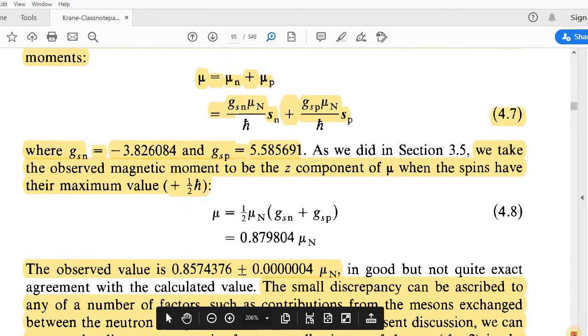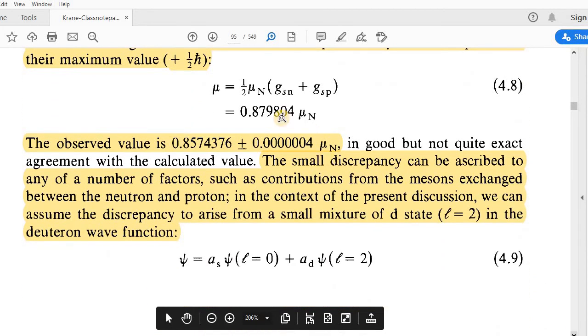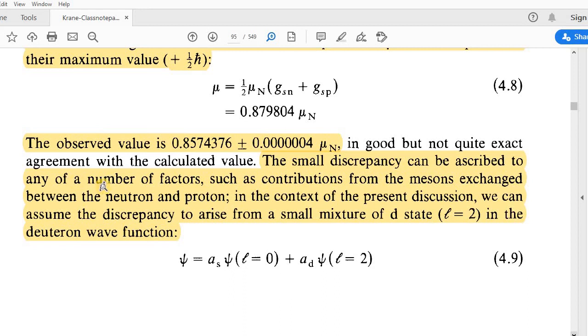The small discrepancy between the observed value and the calculated value can be ascribed to any of a number of factors, such as contributions from the mesons exchanged between the neutron and protons.